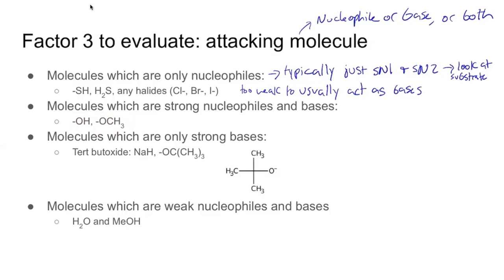They're going to be strong enough to attack through the backside attack for an SN2 reaction, or really grab the anti-periplanar hydrogen in an E2 reaction. Now keep in mind, this is assuming that all the stereochemistry and steric constraints are met.